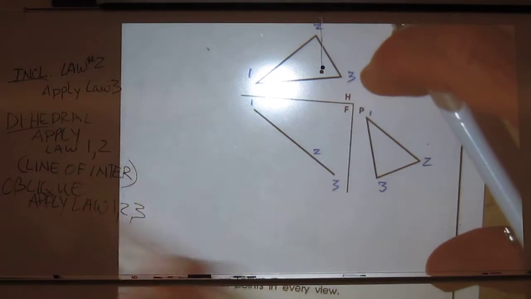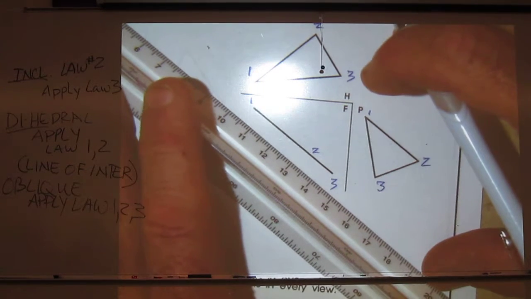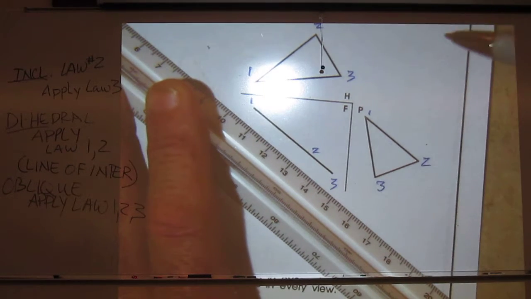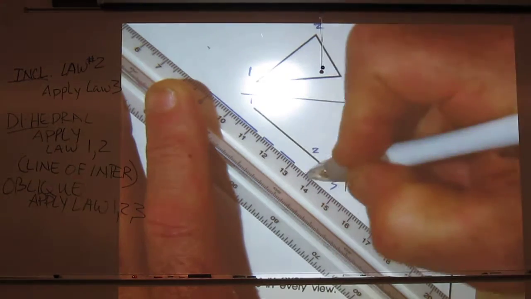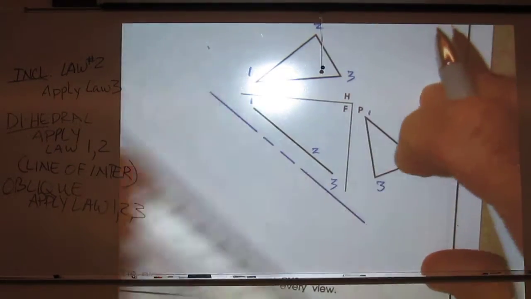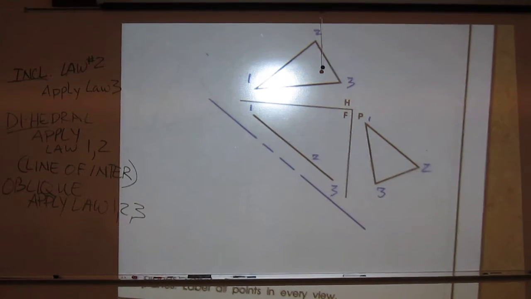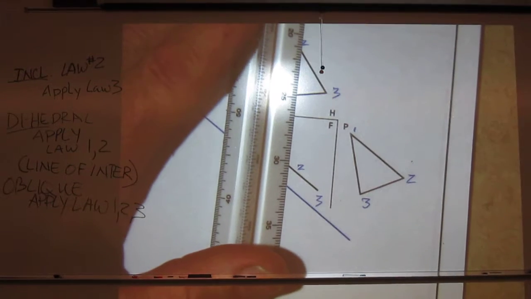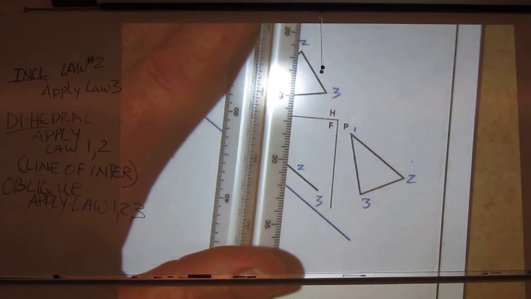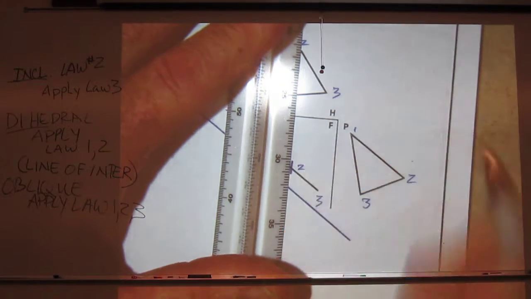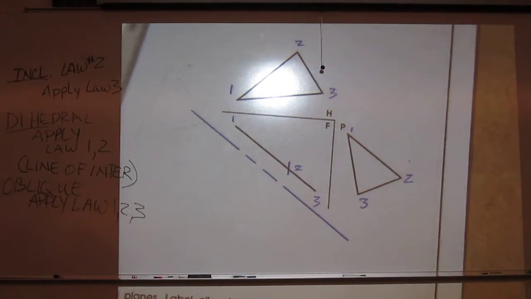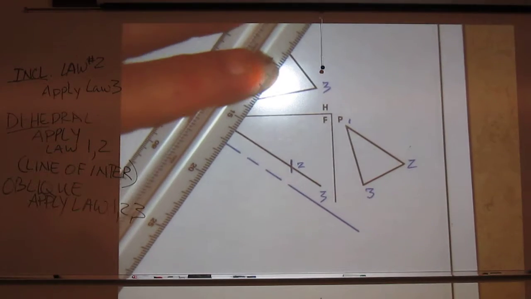I'm then going to draw a viewing plane parallel to my edge view because law 3 states the plane must appear true size and shape in the viewing plane parallel to its edge view. Again, I'll draw that viewing plane. I need to find where 2 is. So I'm kind of trying to keep straight here. I think 2 is right there. Now I'm then going to project perpendicular.